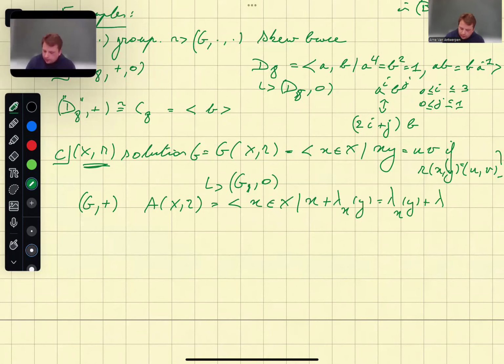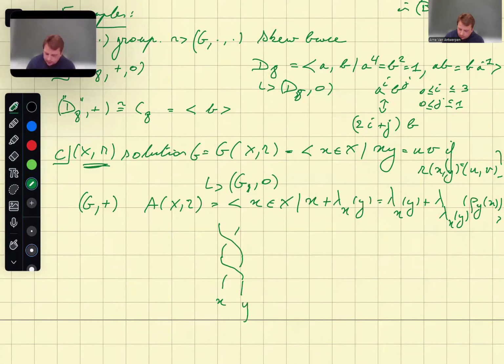This looks like an ugly condition, but let's just quickly draw that. If you start here with x and y, you would get here lambda x of y, rho y of x. So what I'm doing is I'm reading from bottom to top, and crossing means apply R, your set-theoretic solution.